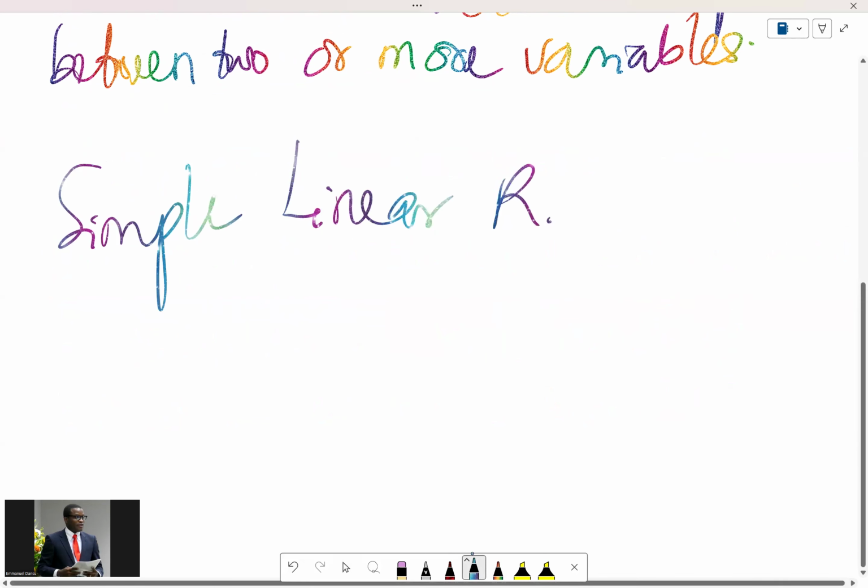So it looks so much like the Pearson correlation coefficient, except that the denominator is somehow different. Okay, that's how to get beta 1, and that's for the slope.